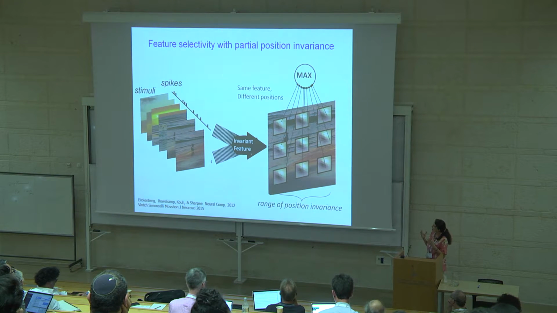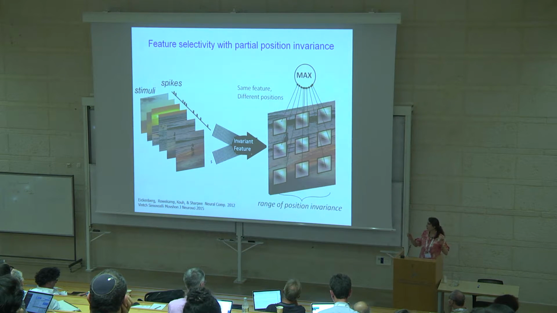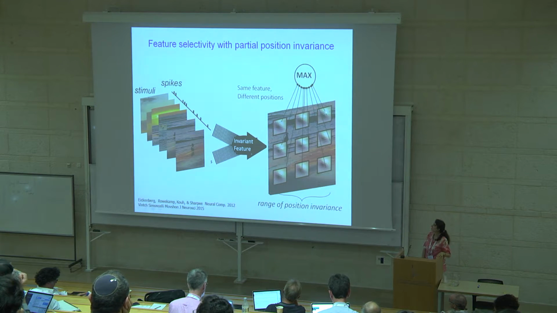So we begin with a statistical data set of a large number of stimuli that were presented and a large number of responses. Typically, 20,000 stimuli will give me several thousand responses, and from this I can build a feature in a grid of, say, 100 points. So each time we lose an order of magnitude.